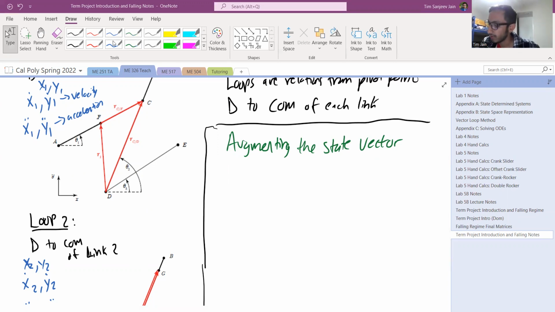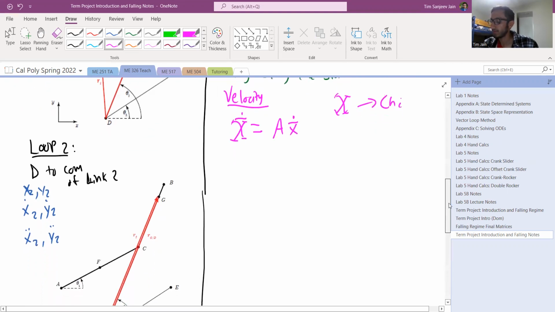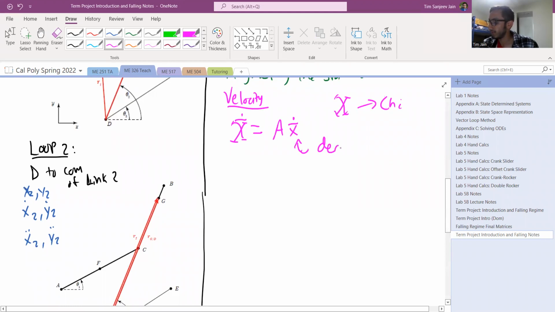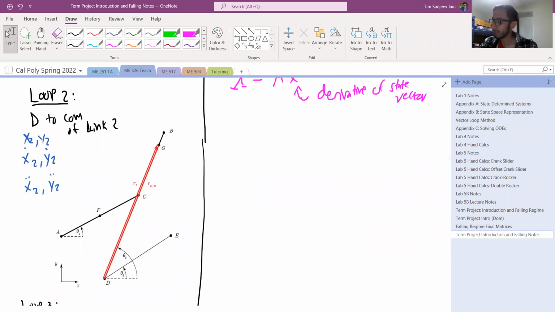So for velocity, you're going to have chi dot equals, I'll try to make this distinguishable, a x dot. When I draw an x like this, it's called chi. And then this is the derivative of the state vector.